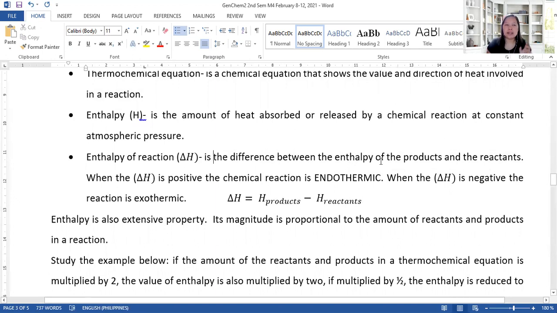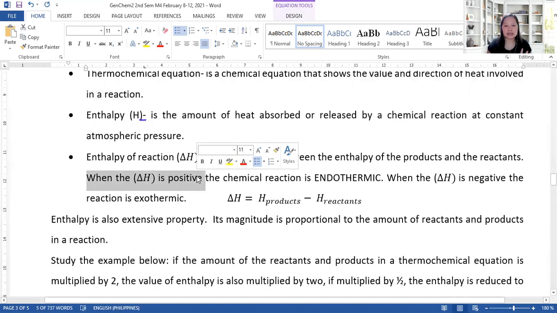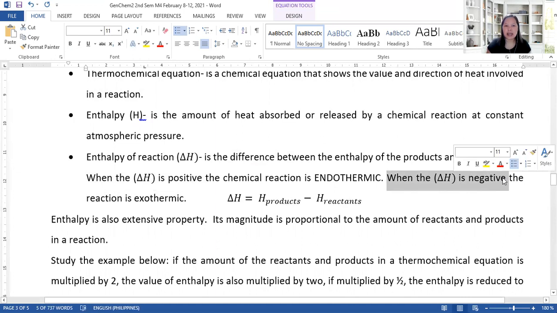It is the difference between the enthalpy of the products and the reactants. Always remember that in a chemical reaction, there are two parts: the products and the reactants. So you will subtract the enthalpy of the reactants from the enthalpy of the products to get the enthalpy of reaction. It says here that when the delta H, or the enthalpy of reaction, is positive, the chemical reaction is endothermic, which means the heat is being absorbed by the system. But when the delta H is negative, the reaction is exothermic.